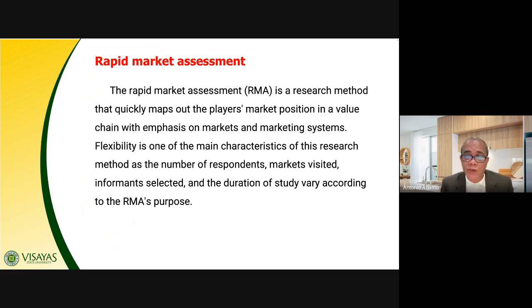RMA is a research method that quickly maps out the player's market position in a value chain with emphasis on market and marketing systems.